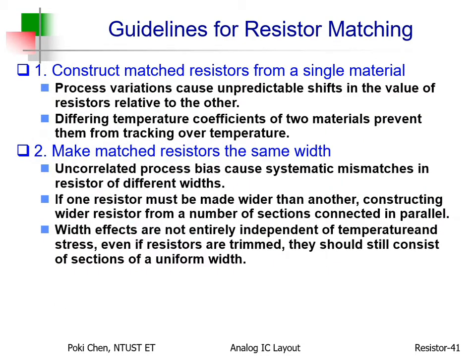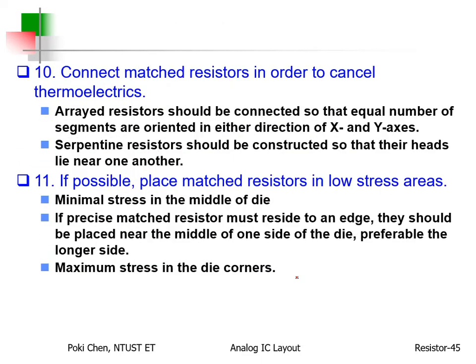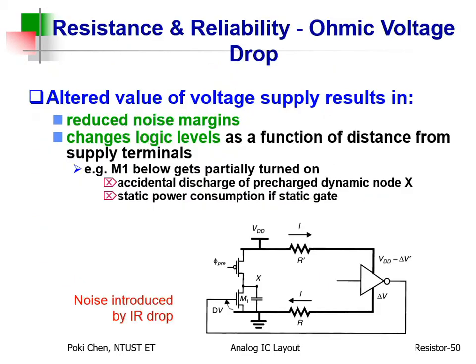So the guidelines for resistor matching are here. Read them by yourself. Because for all those details, I told you already in chapter 2, right? To the end of chapter 2. That is some kind of general rules. Just follow it.